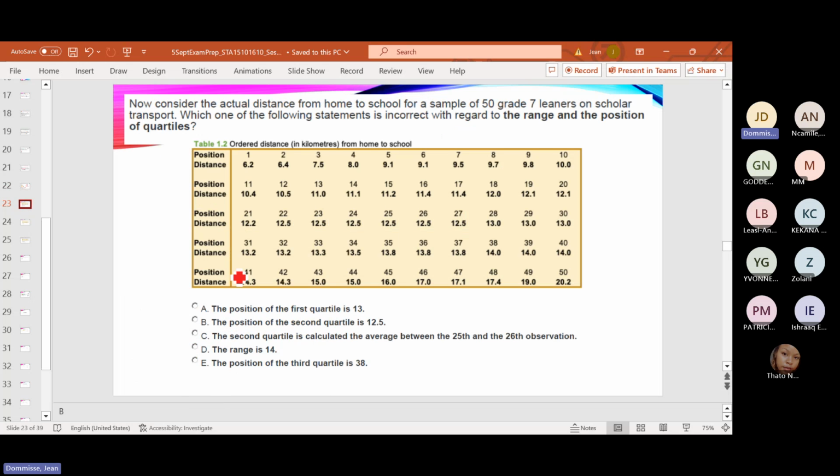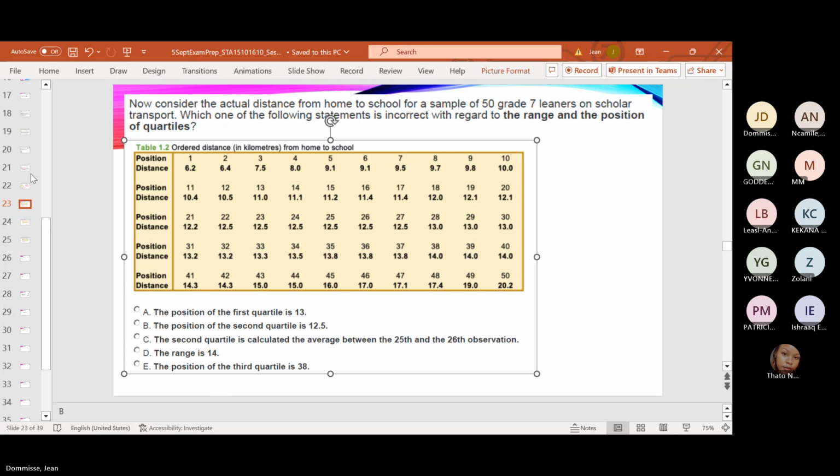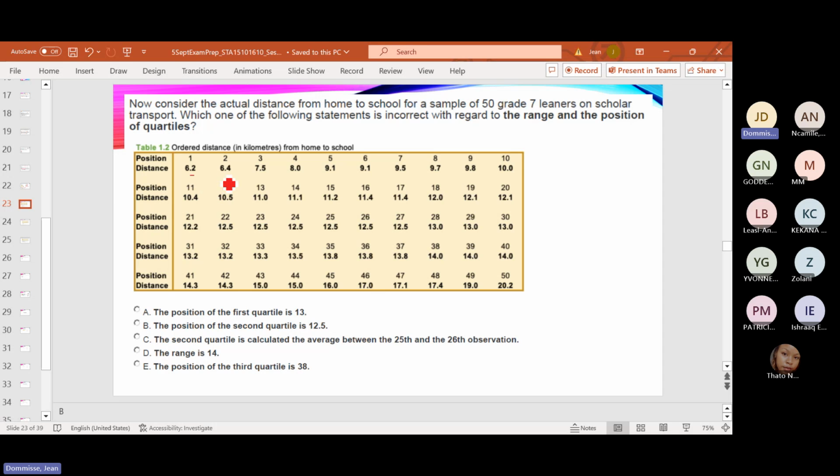Okay, so now you can really see this was actually the data that was summarized in this format. If you look at between 6 and 8, there's 4. So let's just quickly show it. 6, 6.47, there's 8. So there was 4.